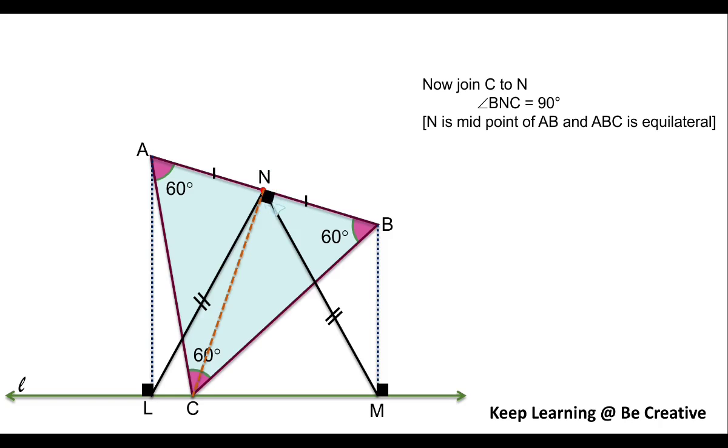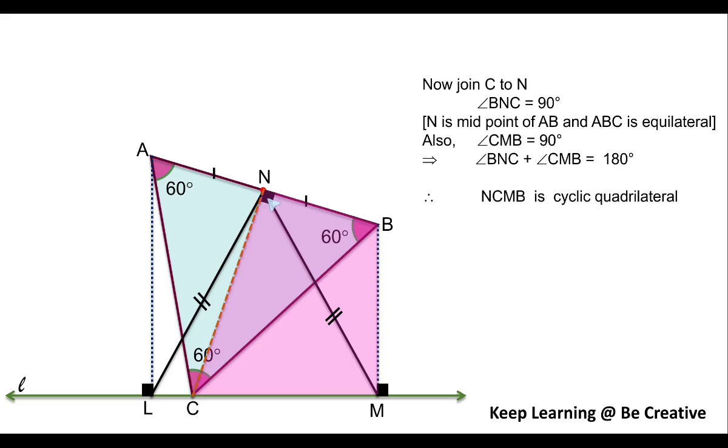Now, if this is 90 degrees and we consider the quadrilateral NBMC, you can see that angle BMC is also 90 degrees. So angle BMC and angle CNB are both 90 degrees, which gives me that the sum of these two angles is 180 degrees, and we have the quadrilateral NCBM as a cyclic quadrilateral. A cyclic quadrilateral helps us in chasing angles.